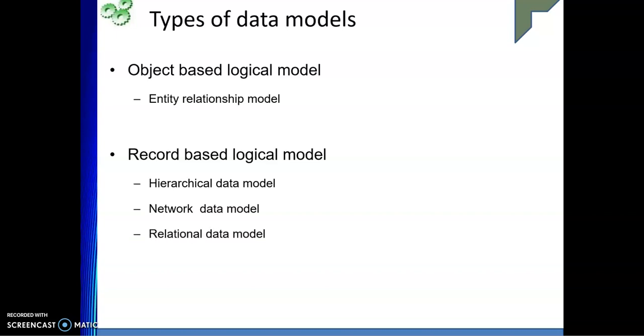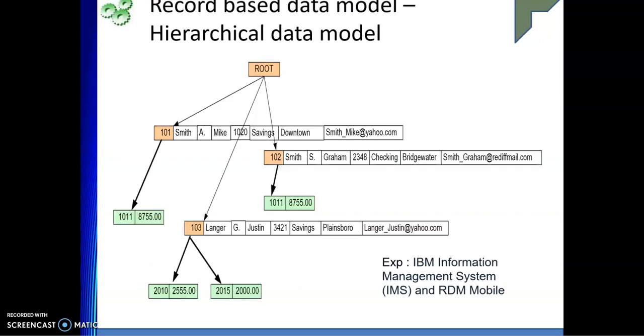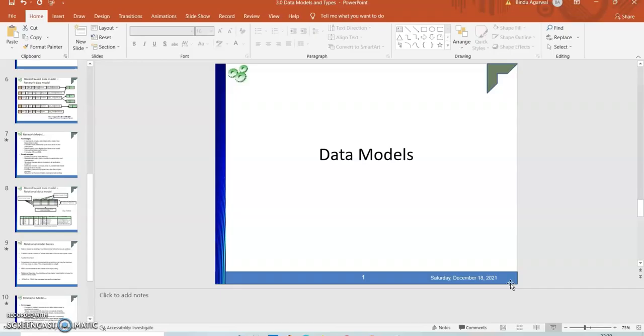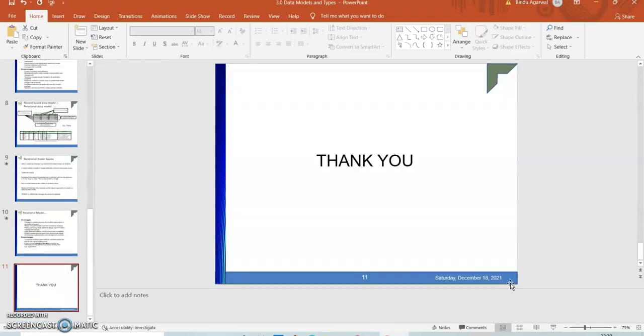We have seen how each is done in the hierarchical, network and relational data models. I hope all of you have a clear idea about data models. Thank you so much.